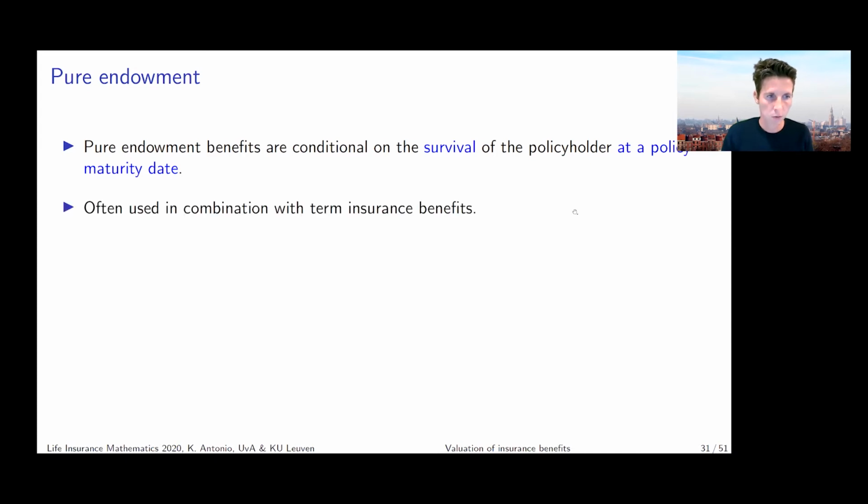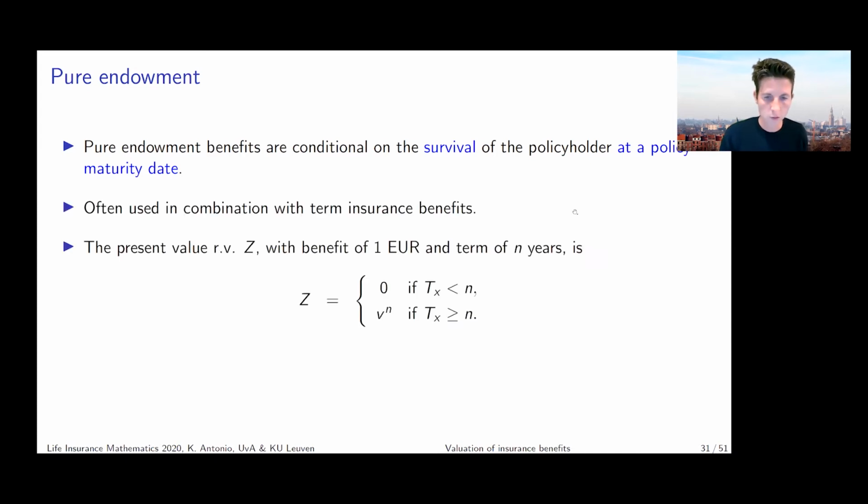So if I look at this construction, if I look at the present value random variable Z with a benefit of €1 and a duration of n years, then that means that my Z is going to be 0 if Tx is below n, so if I don't survive until time n, and Z is going to take the value v to the power n if Tx is n or beyond n.